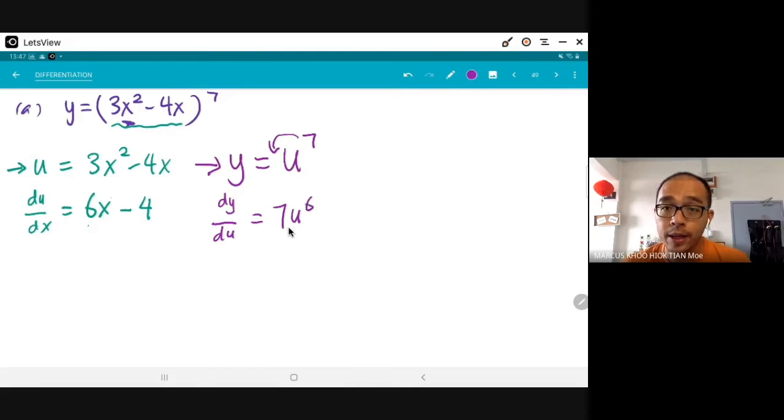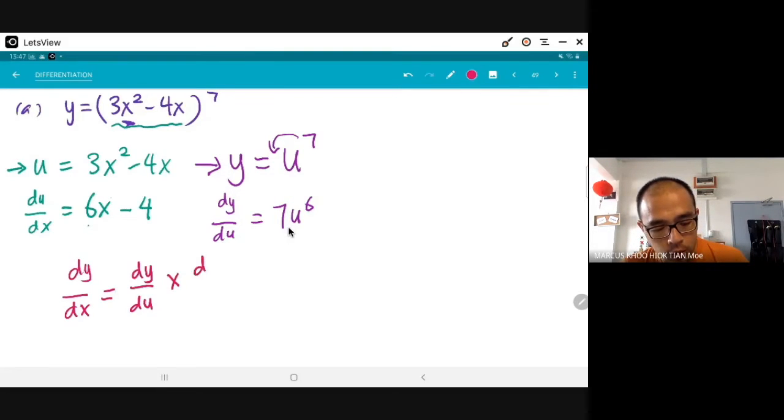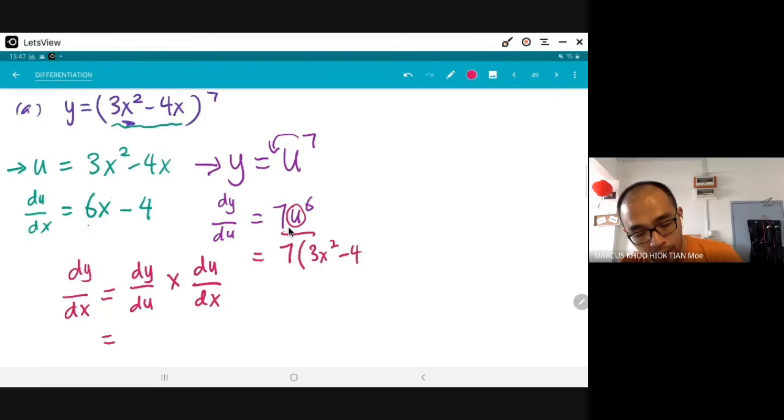Then you apply the chain rule because at the end of the day, I want to know what is dy dx. So dy dx is dy du times du dx. Do I have dy du? I do, but I need to have this in x back. Sorry, I forgot to do this. So this is 7 times 3x squared minus 4x to the power of 6.